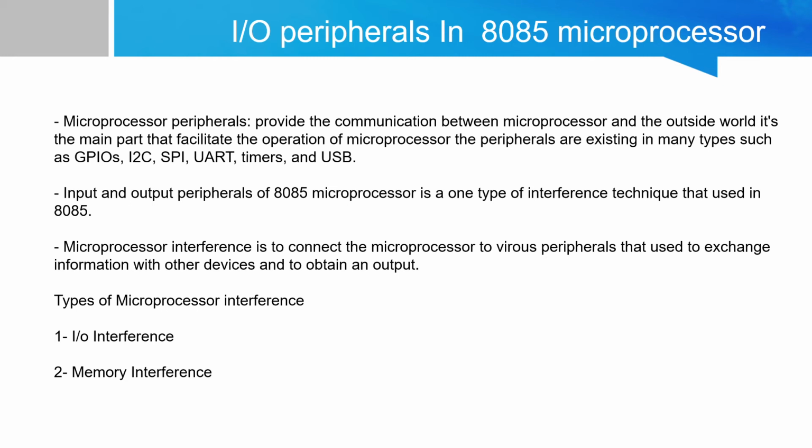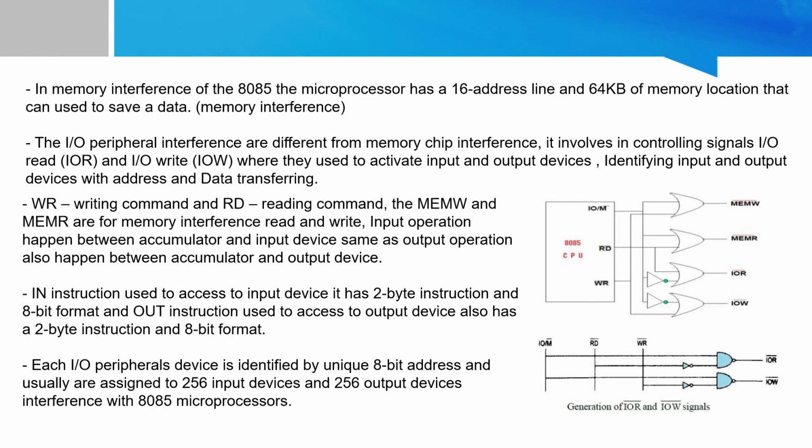There are 2 types of microprocessor interfacing: I/O interfacing and memory interfacing. In memory interfacing of the 8085, the microprocessor has 16 address lines and 64 KB of memory locations that can be used to save data.